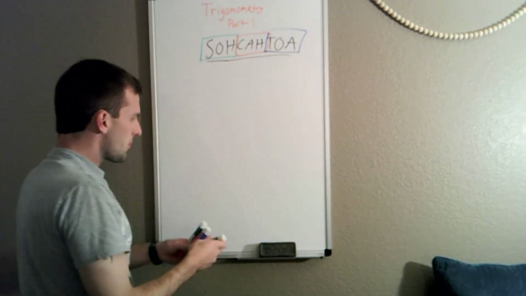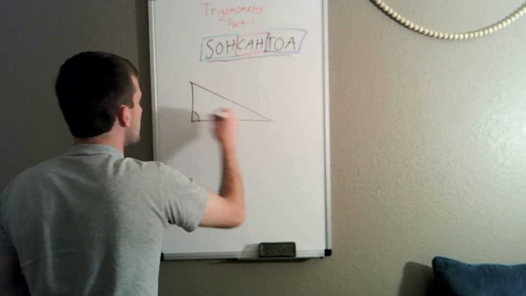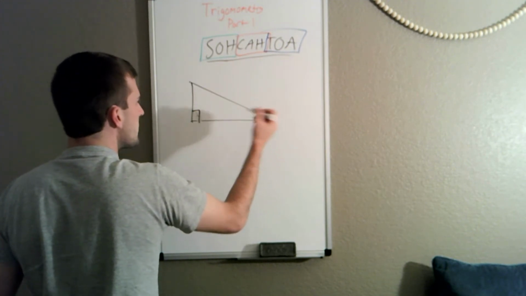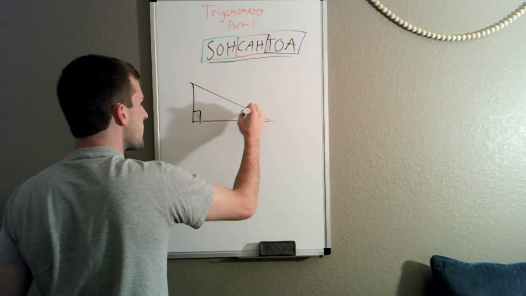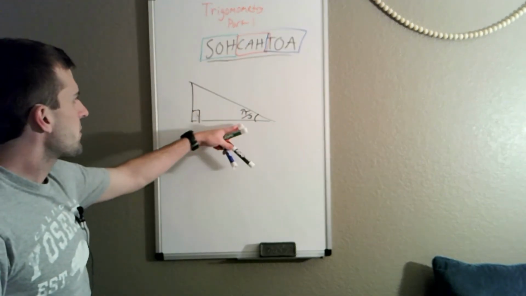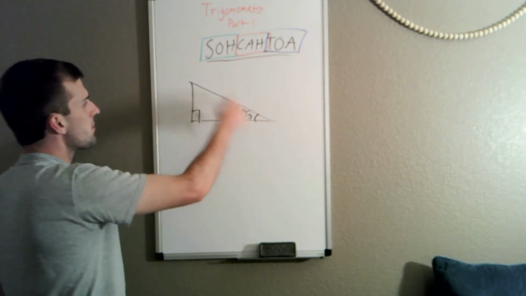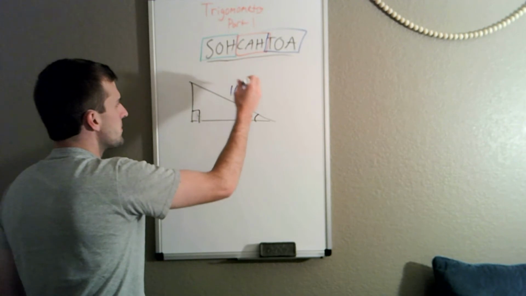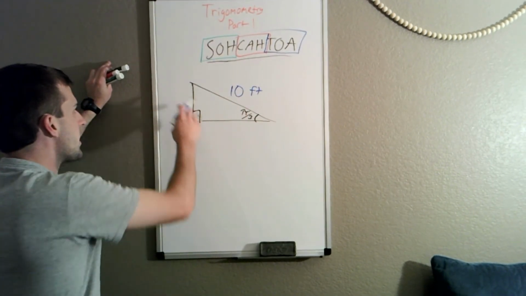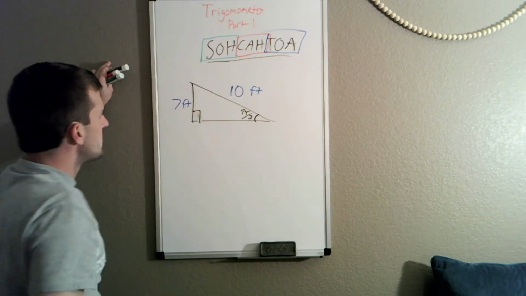Let's say we have a right triangle, and this angle is, let's say it's pi over 3 radians, and let's say the value of the hypotenuse is 10 feet. And the value of the opposite side is 7 feet.